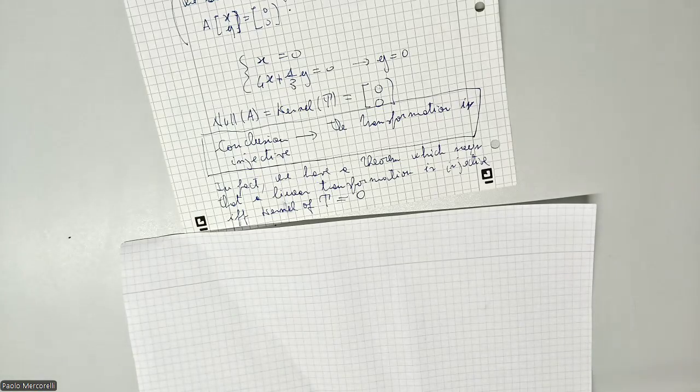The theorem says to us that a linear transformation is injective if and only if the kernel of this transformation is equal to 0.